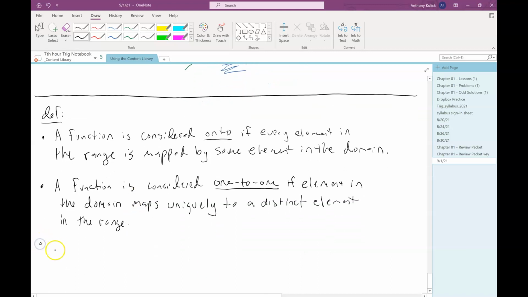And lastly, we say that a function is considered bijective if it's one-to-one and onto.